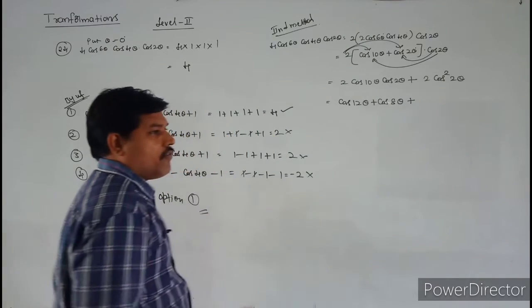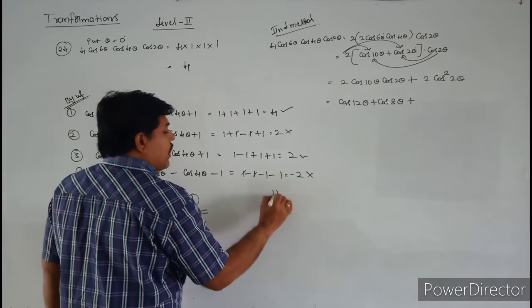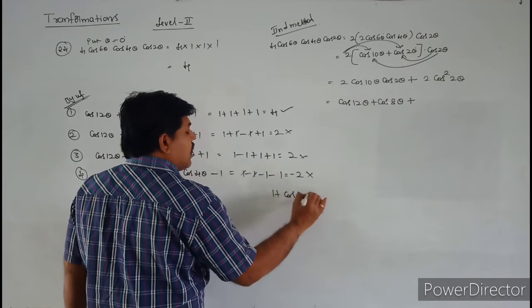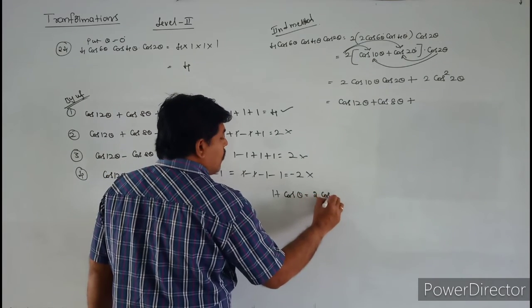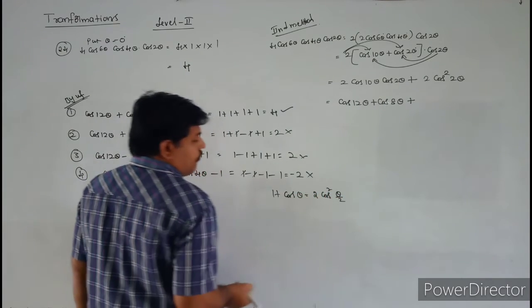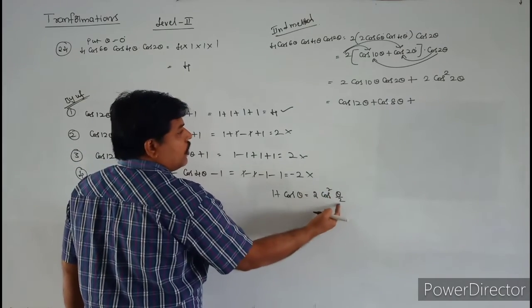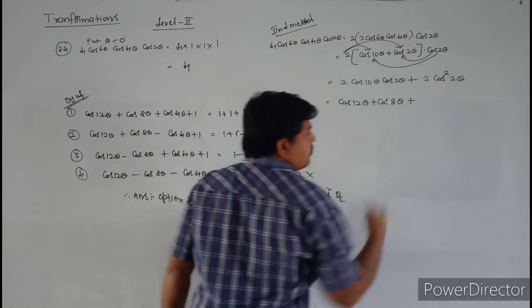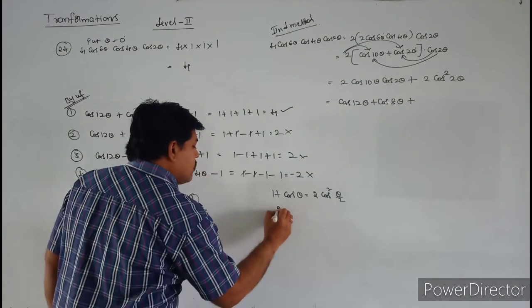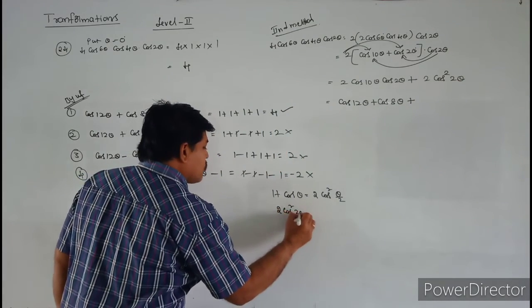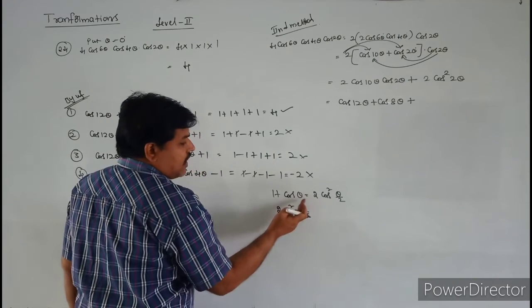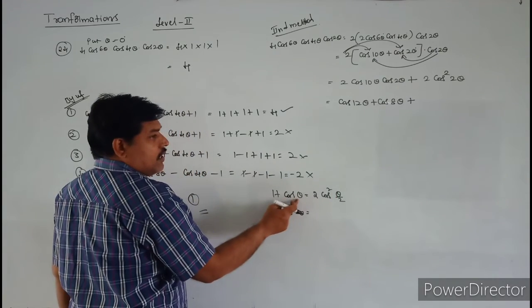I have already given one formula, students: 1 plus cos theta is equal to 2 cos square theta by 2. Yes or no? In the place of theta by 2, here you have 2 theta. So what happens? If it is theta by 2, you get theta here.